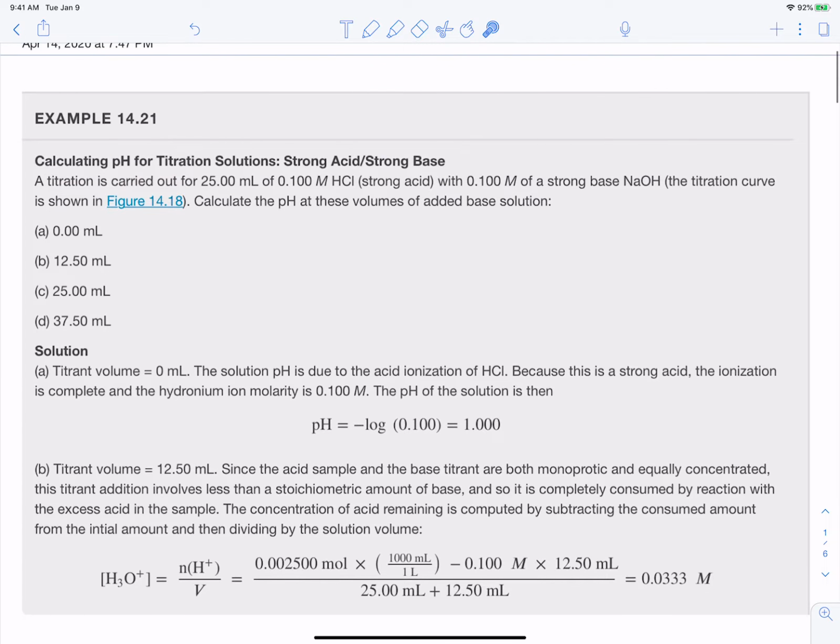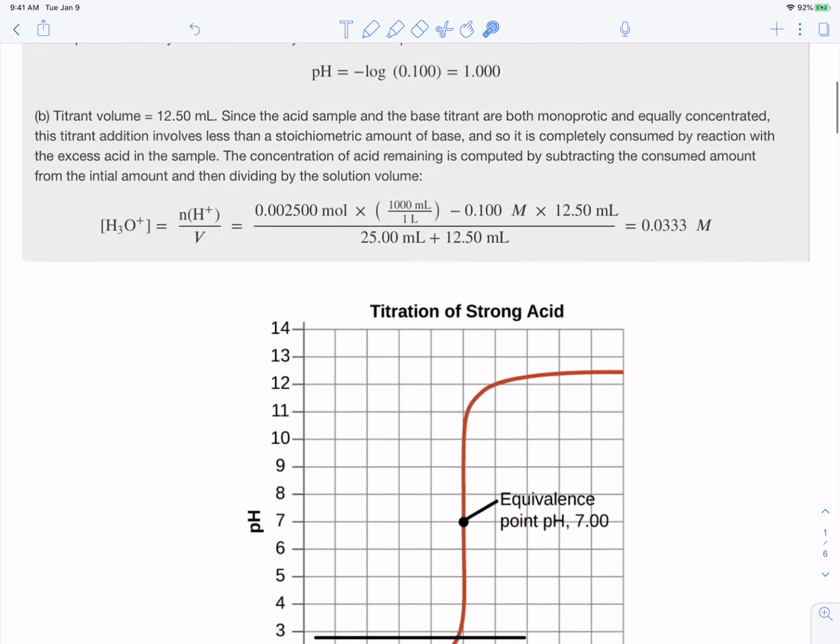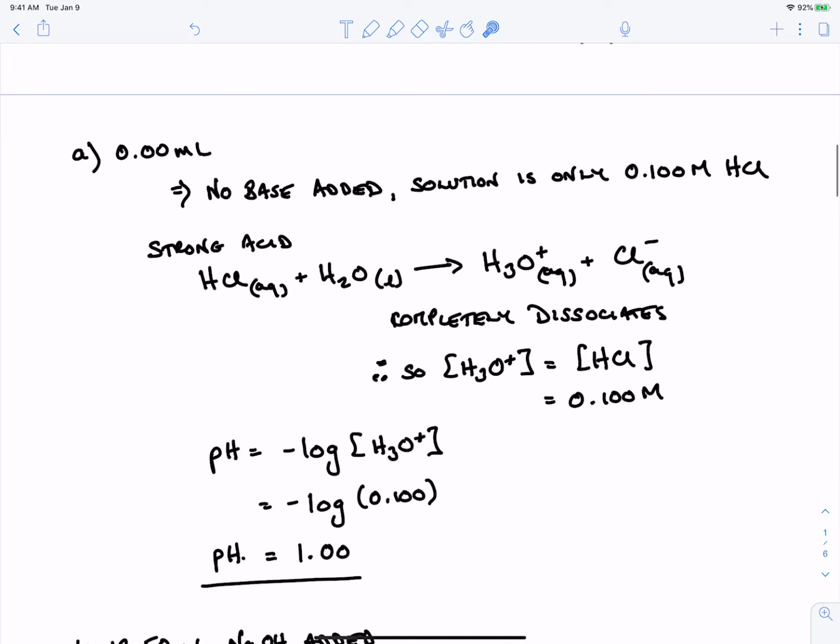The first question we're asked is, if there's 0 mL of base added, what is the pH? If we add 0 mL of base, there's no base added, and so the solution is just this 0.100 molar HCl solution. Because we know it's a strong acid, it will completely dissociate to produce hydronium ion. Because it completely dissociates, the concentration of hydronium ion is going to be equal to the concentration of HCl, because it's a 1-to-1 relationship.